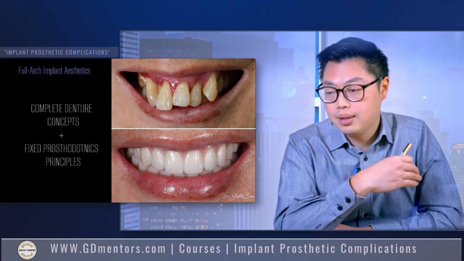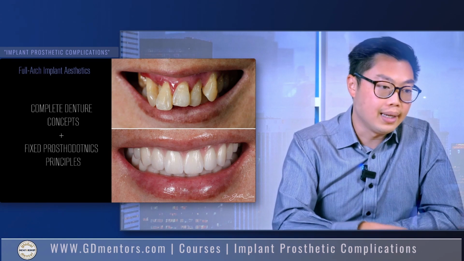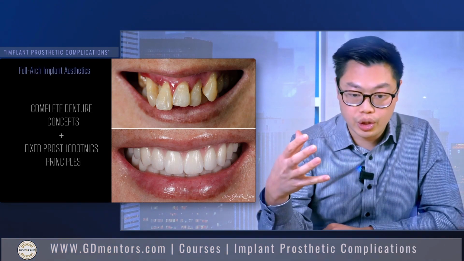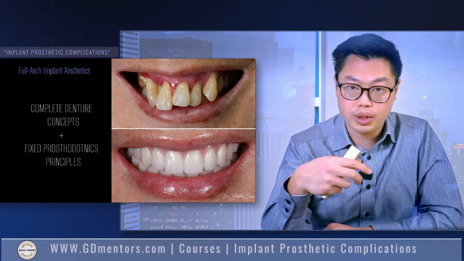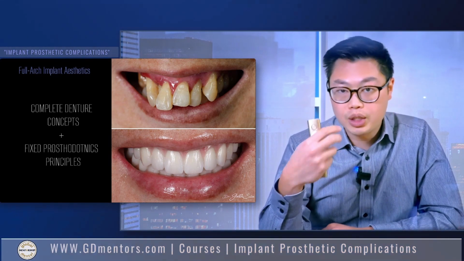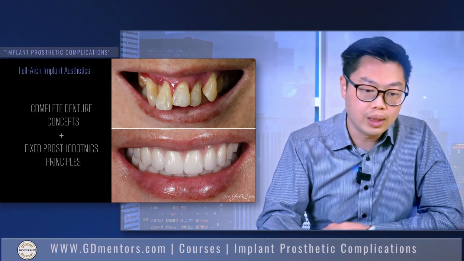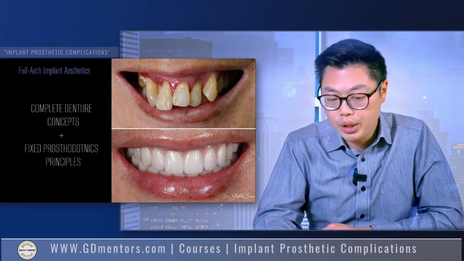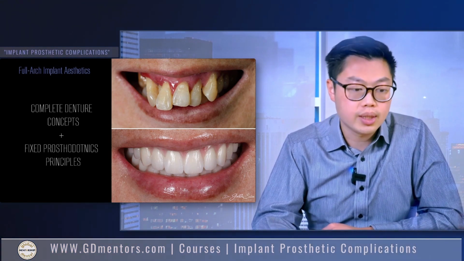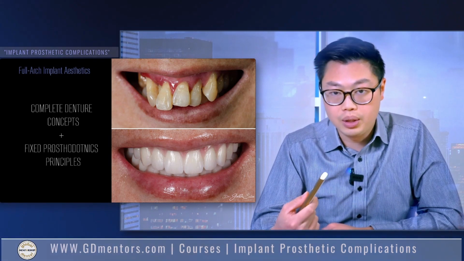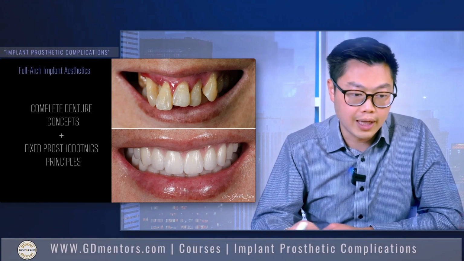In fixed pros, a lot of times you don't have so much control over lip support and phonetics, not as extreme as dentures, right? With dentures, you have control of all these things, but the occlusion in dentures is totally different than fixed. So in these types of restorations, you're combining fixed pros with complete dentures. You can't just do fixed and not know anything about dentures and expect to get good results doing these full arch restorations, and vice versa. You can't purely do dentures and not know how to do fixed pros and expect a good result, right?